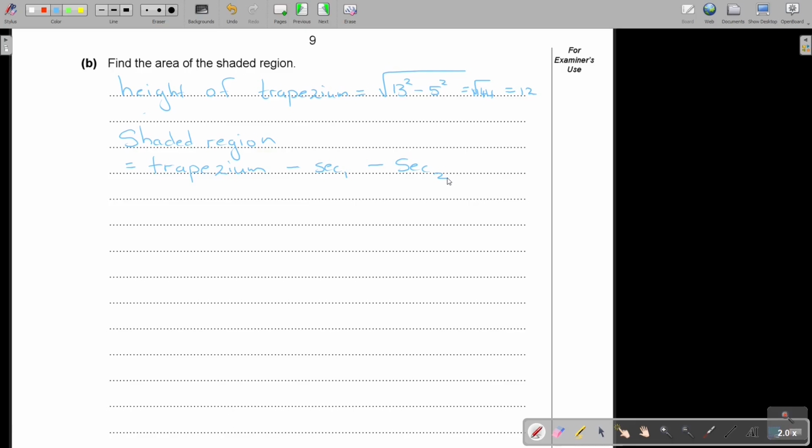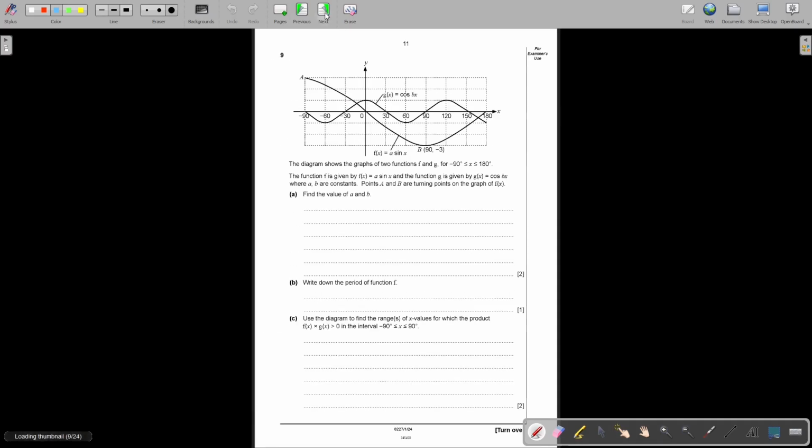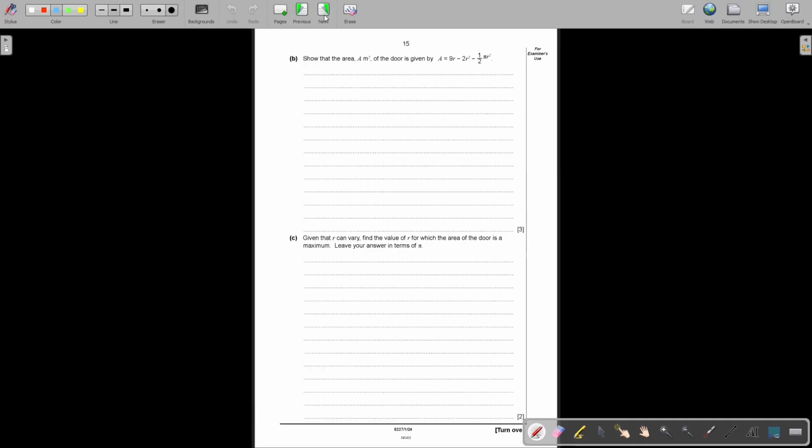Now, what is the area of a sector? I know the area of a trapezium. I'll show you now. Half height, sum of parallel sides. That you must recall from early grades. But the formula of a sector is on, and I think I already highlighted it, go to your formula sheet at the back.